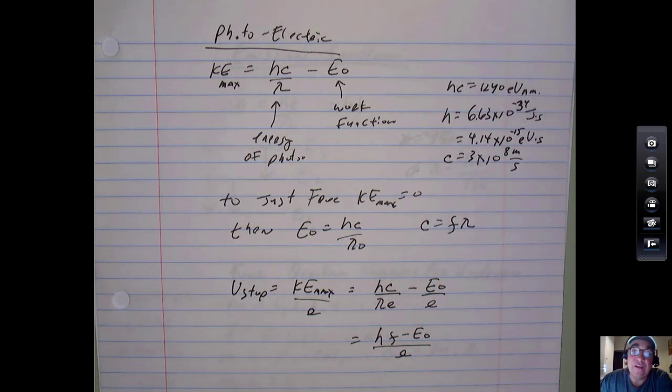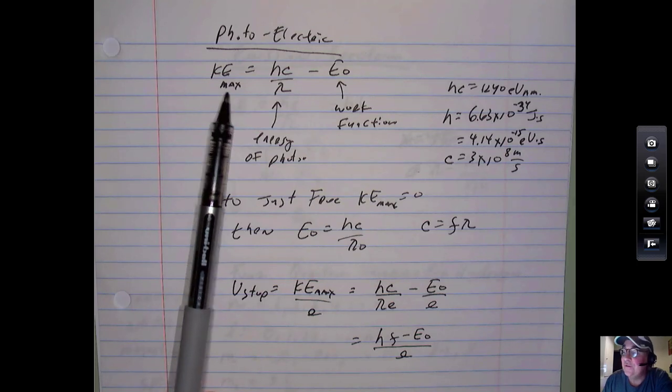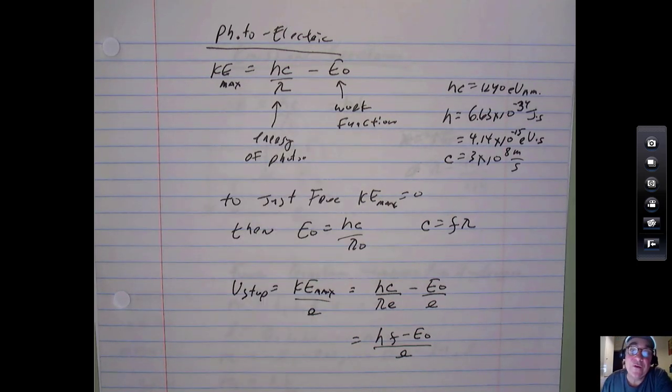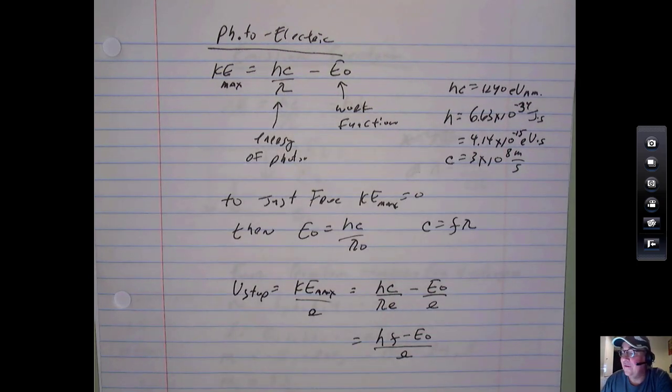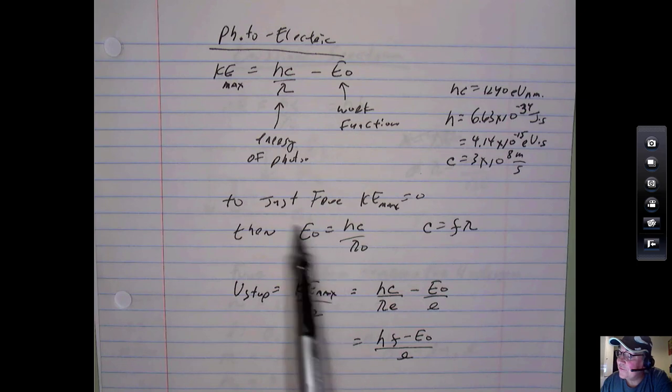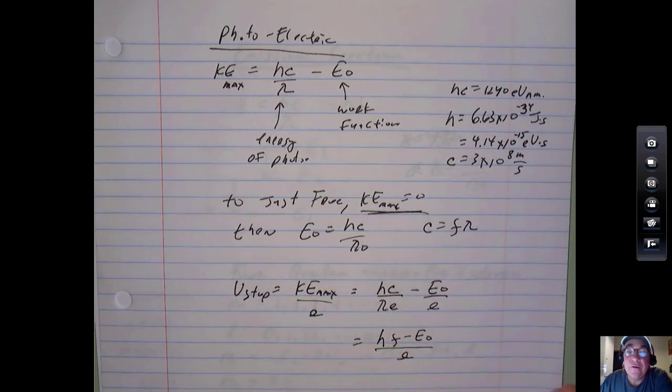So if you needed to find the kinetic energy of the electron that's been released, you could use this formula. You might have to do some algebra, though. What if they ask for the wavelength? You'll have to do some algebra to find the wavelength. What if you just liberate an electron? You don't give it any additional kinetic energy, you've just liberated it. So to just free it, the kinetic energy would be 0.